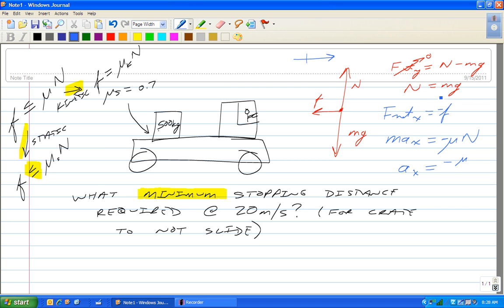Well, from the F net y statement, it's mg over m. Well, hey, look at that. What happens? Yeah, the masses cancel. So it's just negative mu times gravity. Good, gravitational acceleration. So now I can substitute: that's negative 0.7 times 10.